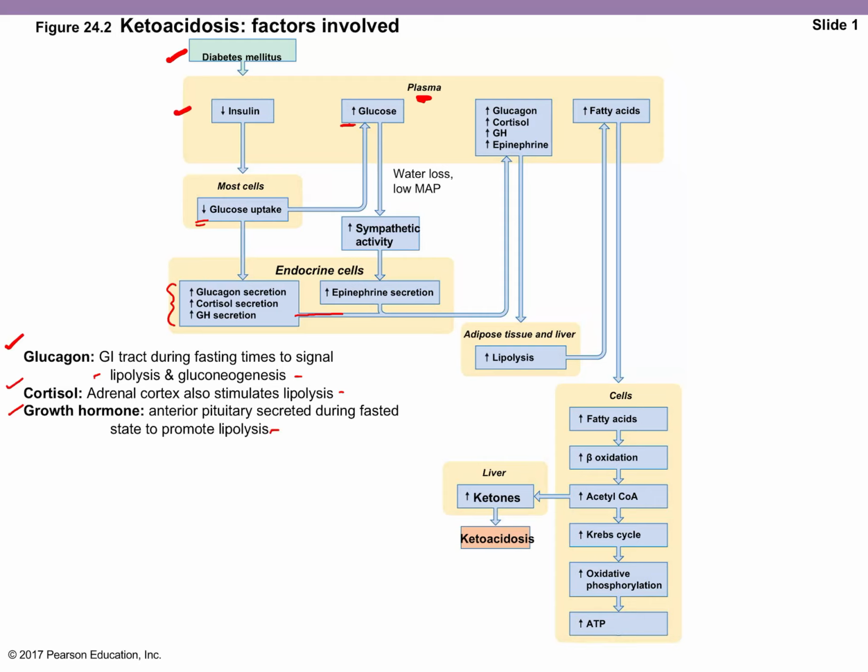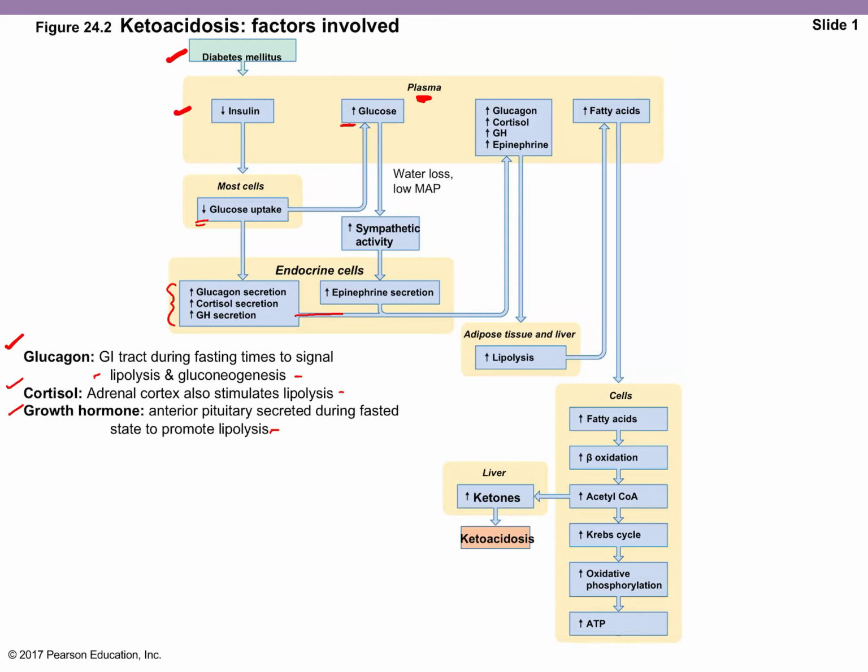Remember that we can reach threshold when we try to reabsorb the glucose in the PCT. We're going to reach the maximum threshold, and we're not going to be able to reabsorb all that glucose, so it's going to be in the filtrate. It's going to act as a solute and disrupt osmosis, the osmotic pressure.